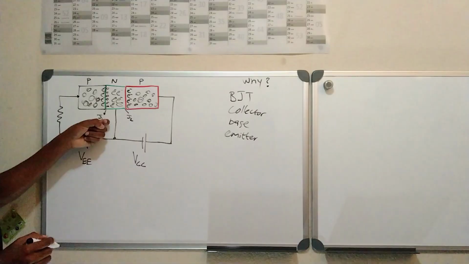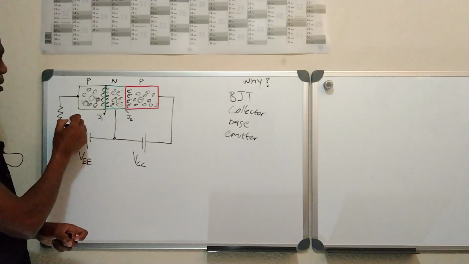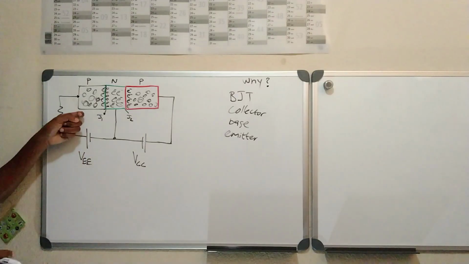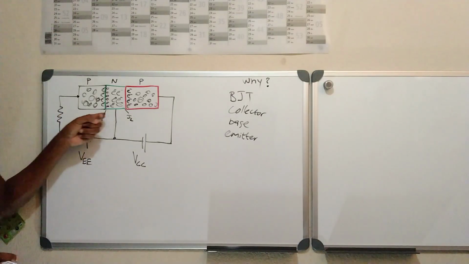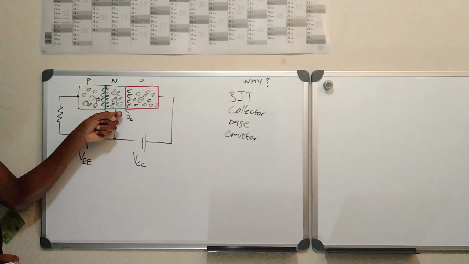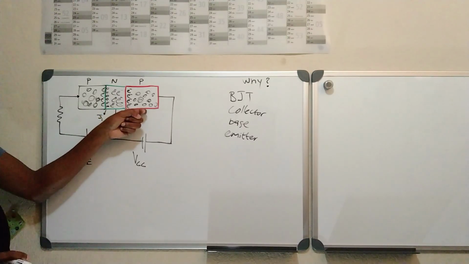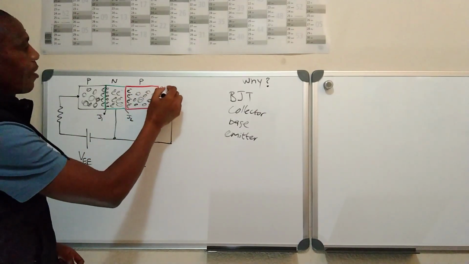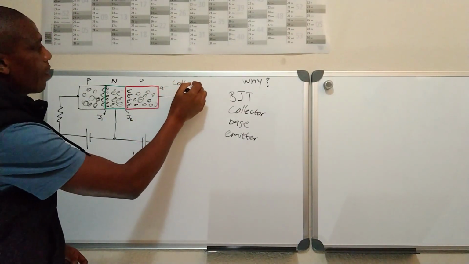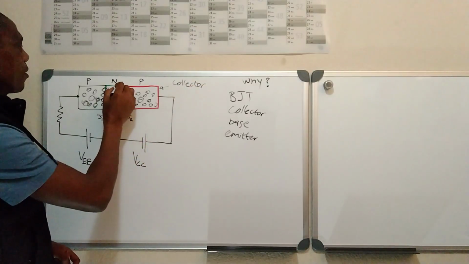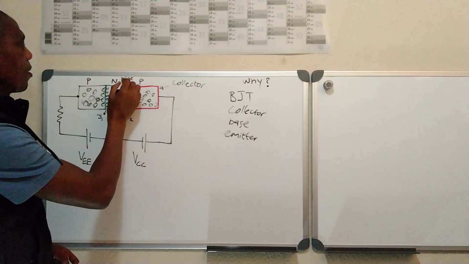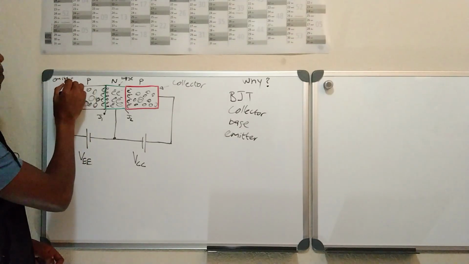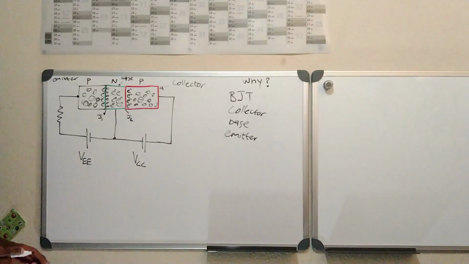This first junction is also known as the emitter base junction. This junction is also known as the collector base junction, because this is the collector, this is the base, and this is the emitter. You see?